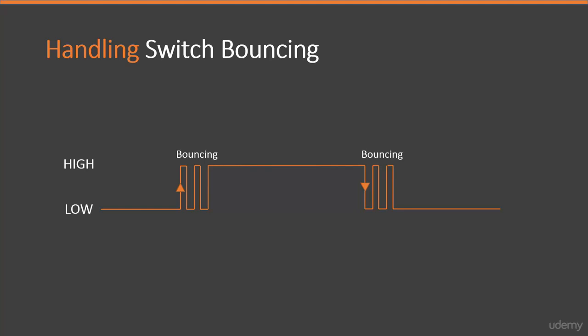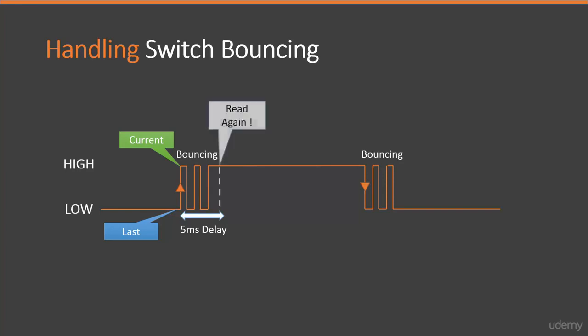In case the current value is now high, meaning someone just pressed the button, then the program will wait for 5 milliseconds to let the switch status stabilize, and only then we will read it again. This will help us to avoid the bouncing period, solving one part of the problem.